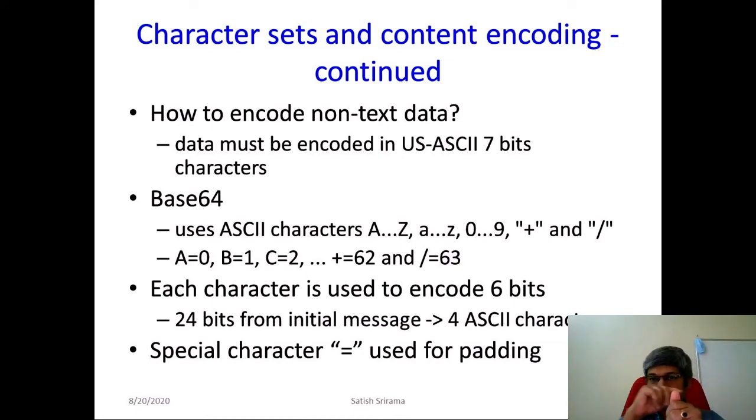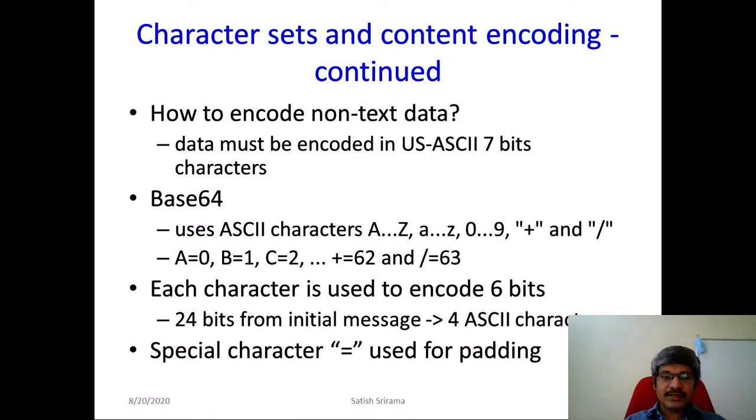So if your message at the end had only 1 byte, you will put 2 equal to signs, which means the remaining bytes are zeros. If you have 2 bytes at the end of the file you are trying to convert to base 64 encoding, then you will put 1 equal to sign at the end. So that's the padding which you do.